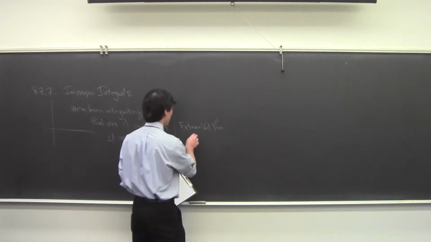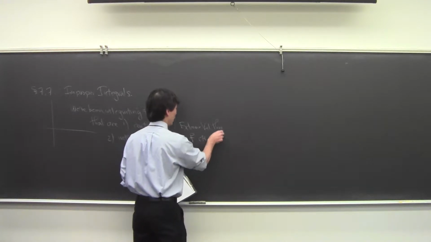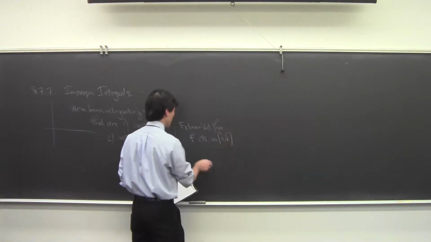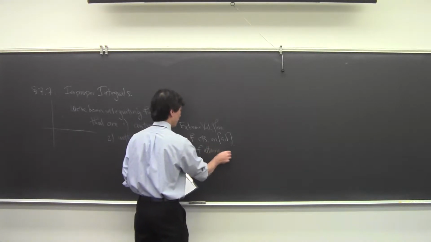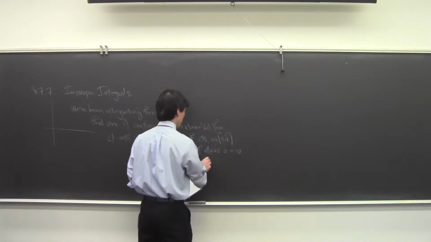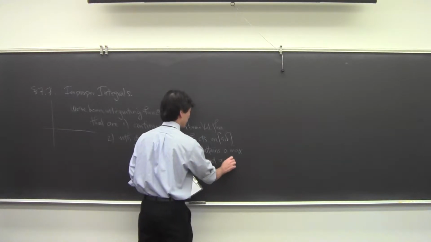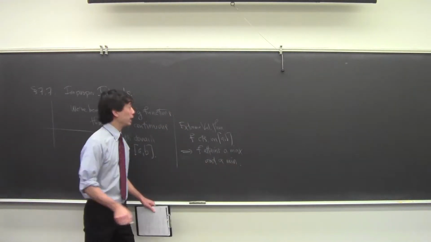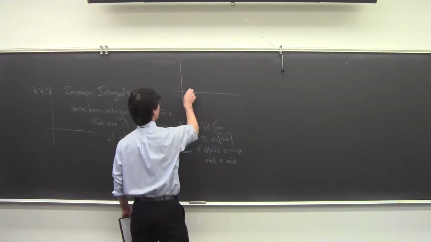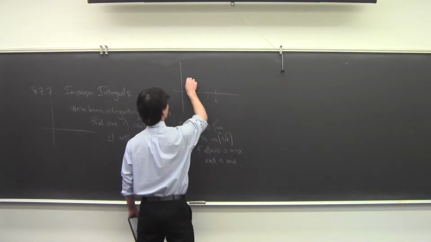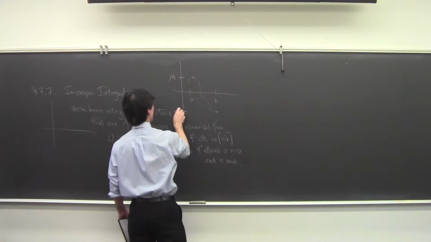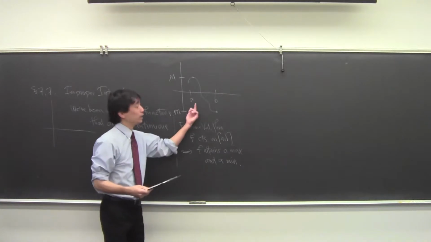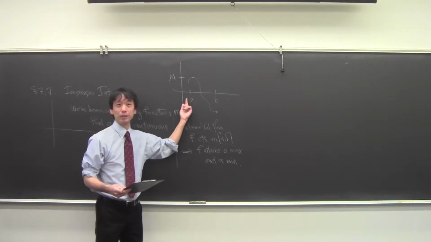So f continuous on a closed and bounded interval, then f attains a max and also attains a min. If you have some continuous function on [a, b], there's going to be some maximum value, there's going to be some minimum value, and the function's going to hit those values.